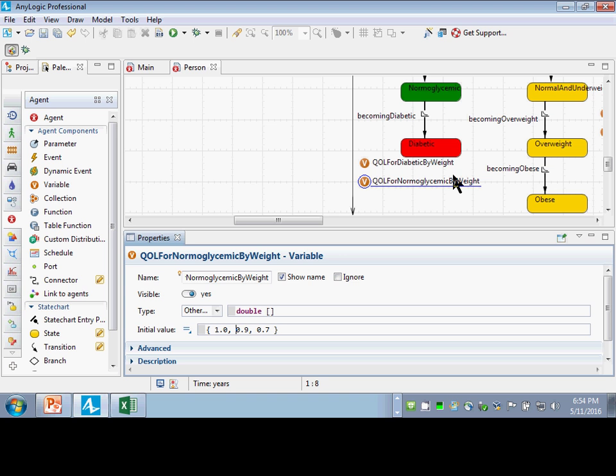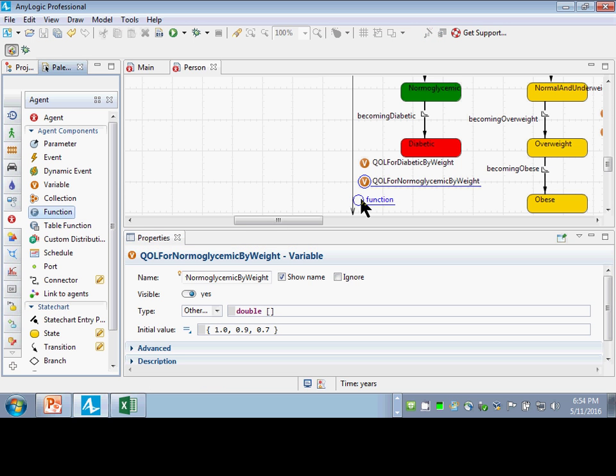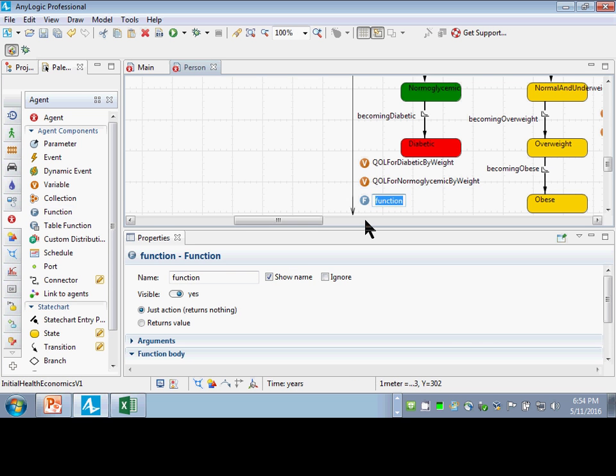And then there's going to be a quality of life function. A function that we can ask from someone, what's your quality of life? And this quality of life function, its job in life is going to be to return a value. Remember, functions come in two sorts in AnyLogic.